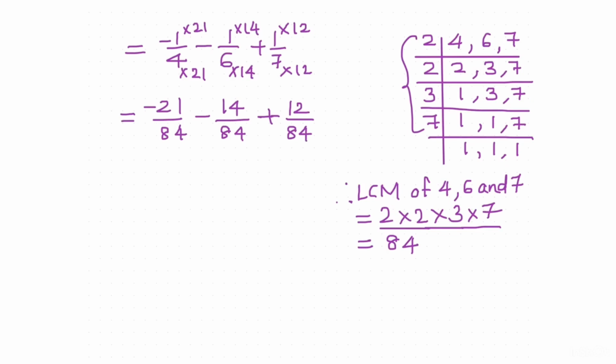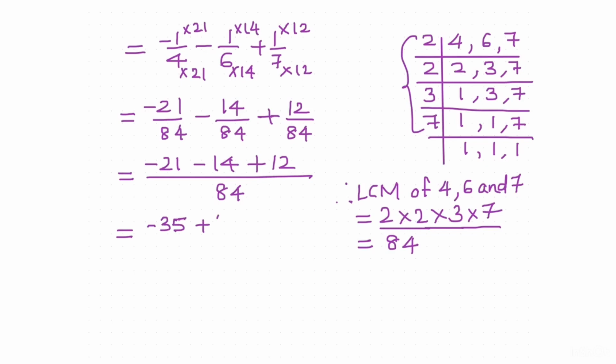Now we can write the common denominator as 84 and the numerator minus 21 minus 14 plus 12. This is equal to, first we will simplify minus 21 and minus 14. We get minus 35 plus 12 by 84.